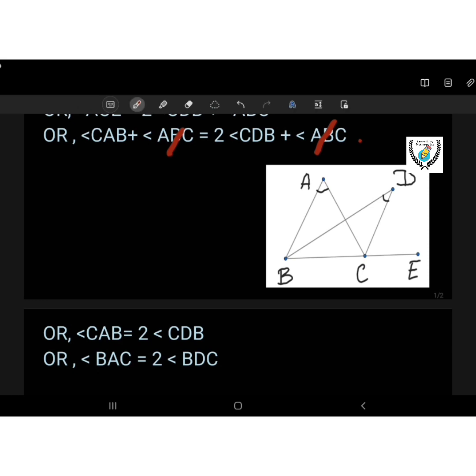So in the figure we can show that this angle BAC is double of this angle, angle BDC. Angle BDC is half of angle BAC.